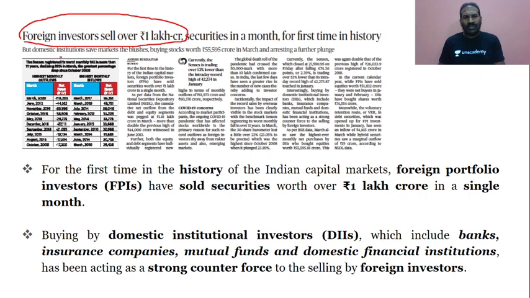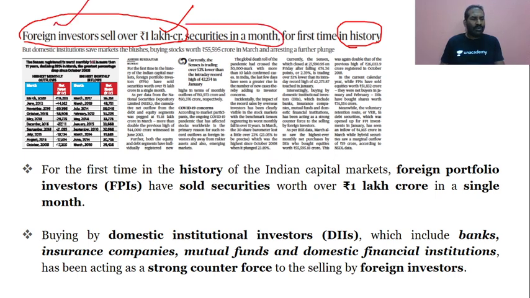The Indian market securities, the shares, have been sold, and this is for the first time in history that 1 lakh crore of securities were sold in a month by the foreign investors.